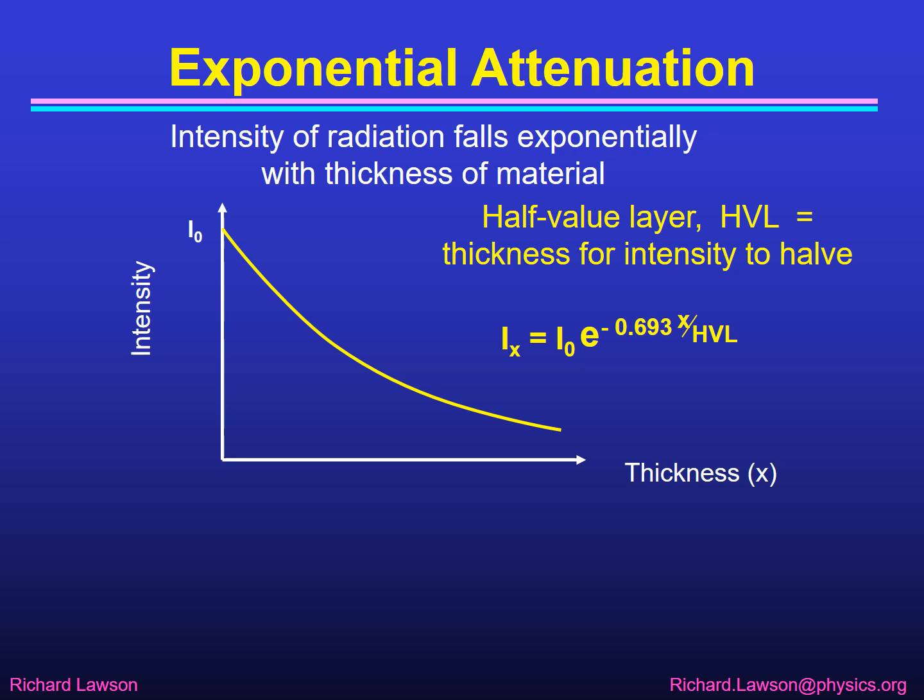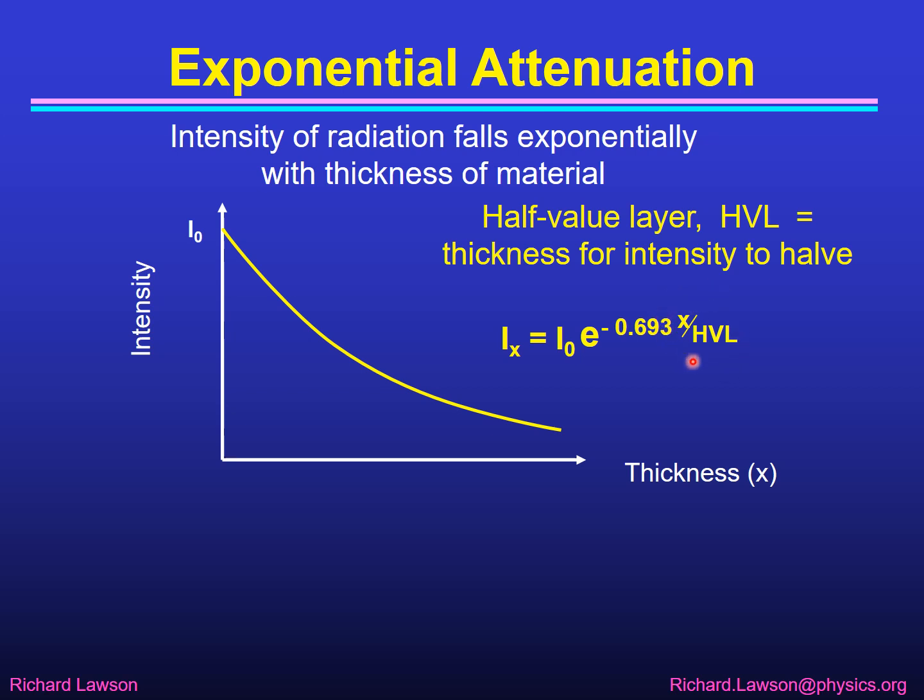And we can write that mathematically as Ix, the intensity after a thickness of material x, is I0, which is the intensity initially at 0 thickness here, multiplied by e, which is a constant, to the power of minus 0.693 times x, the distance over the half value layer.